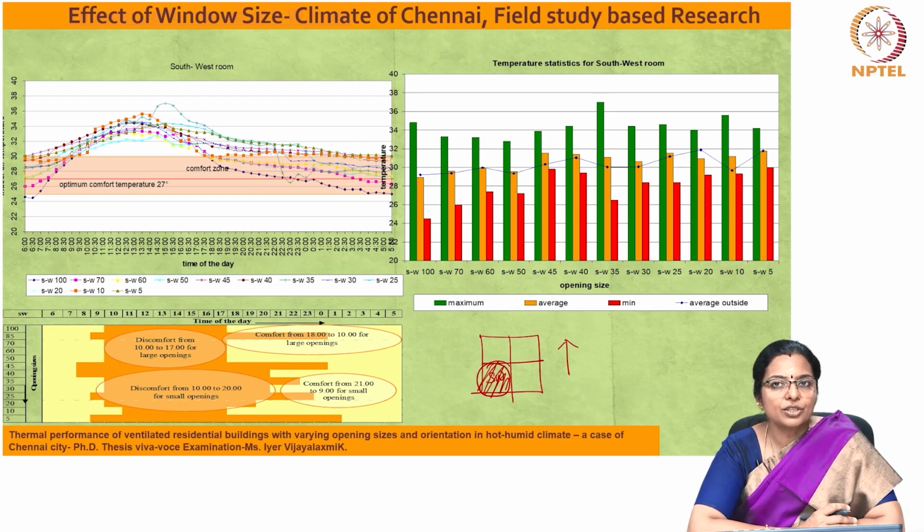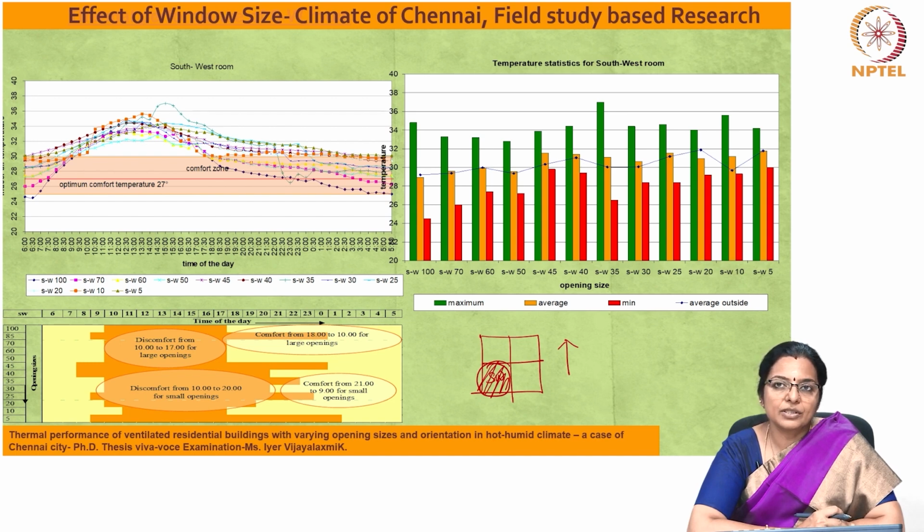The indoor temperature falls only by 2 degrees centigrade from 6:30 in the evening to midnight 1:30, that is in 7 hours time. Hence, as the opening sizes decrease, that is wall area increases from 50%, the indoors are relatively warmer.